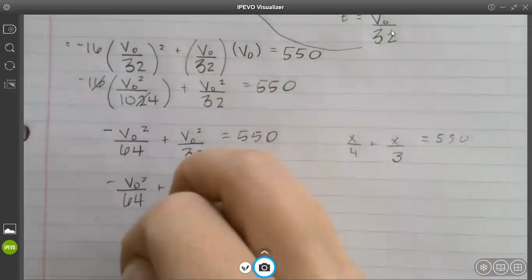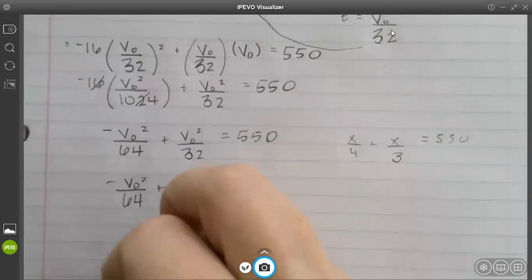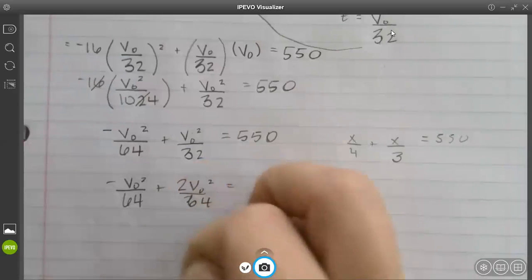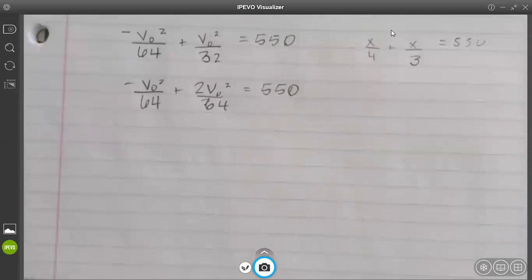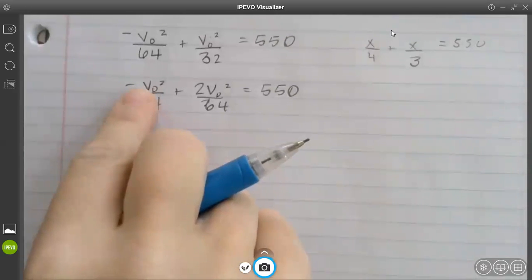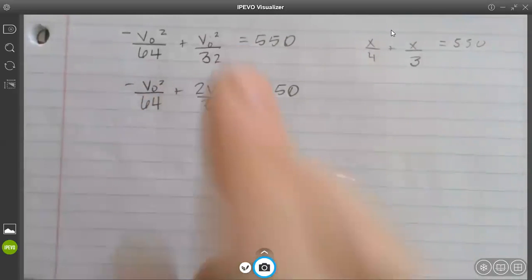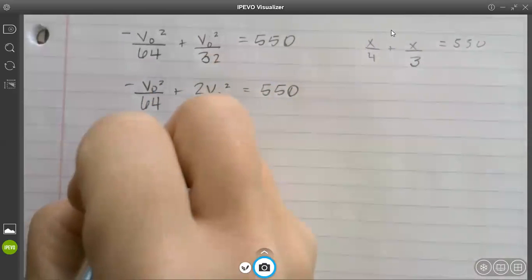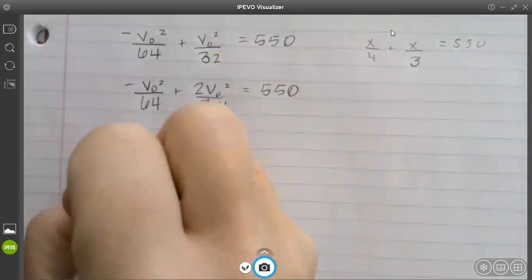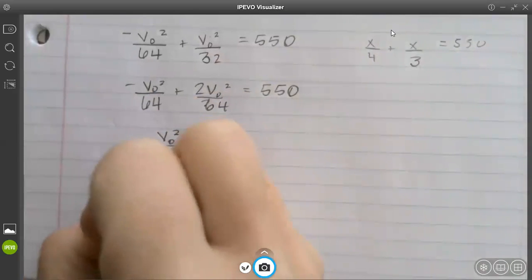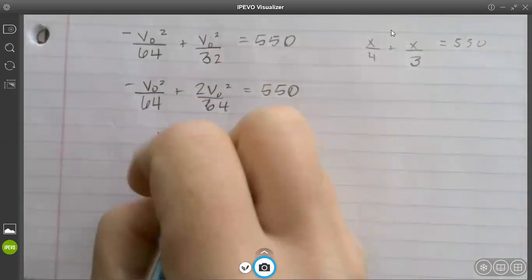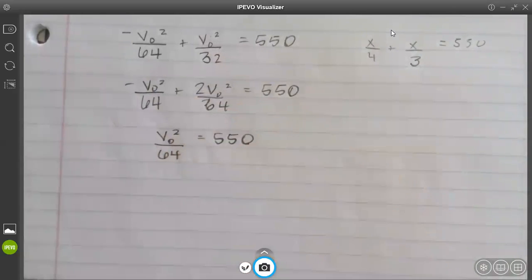Multiply by 2. 64. Now I can put those together. Treat this like an X. A negative X squared plus 2X squared is X squared. So we're using V sub O squared over 64 equals 550.